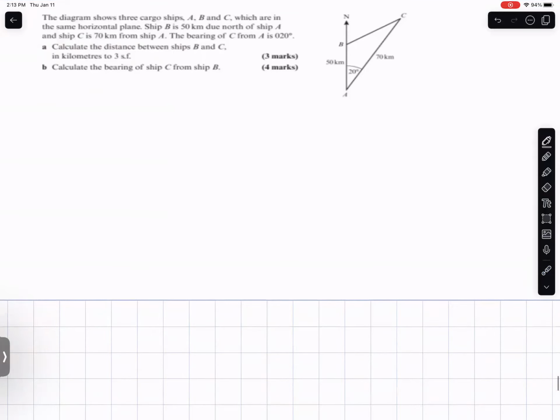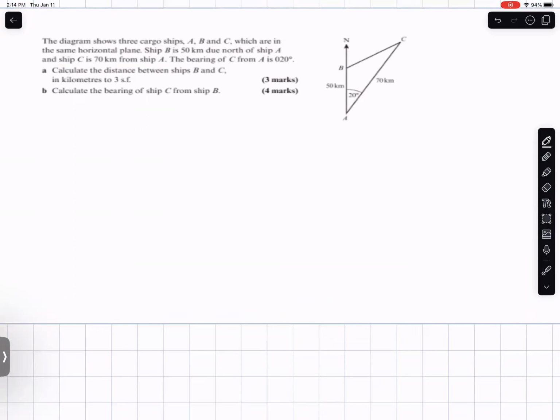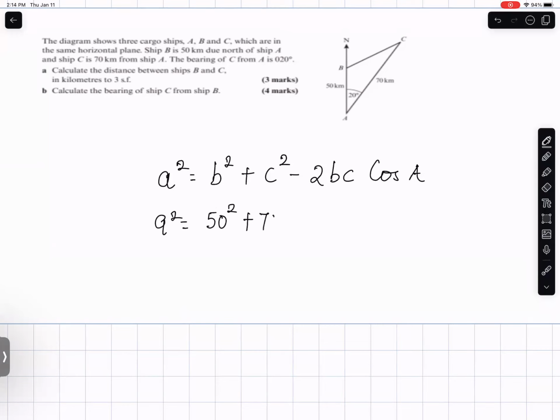So in looking for a, I have a squared equals b squared plus c squared minus 2bc cos A. So a squared will be 50 squared plus 70 squared minus 2 times 50 times 70 cos 20.